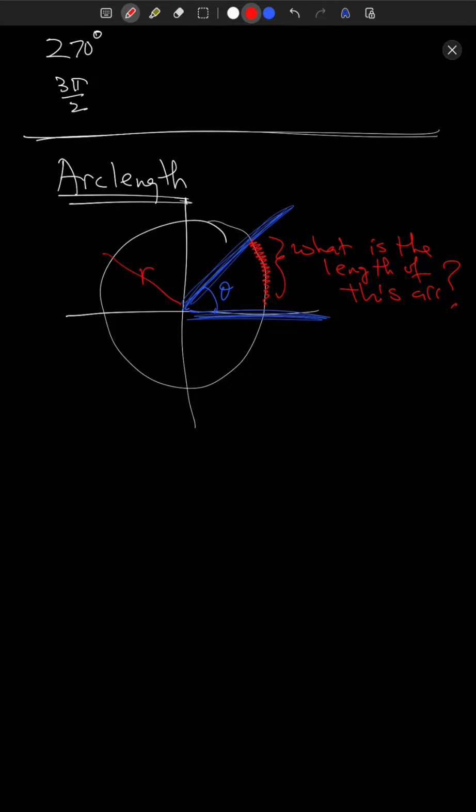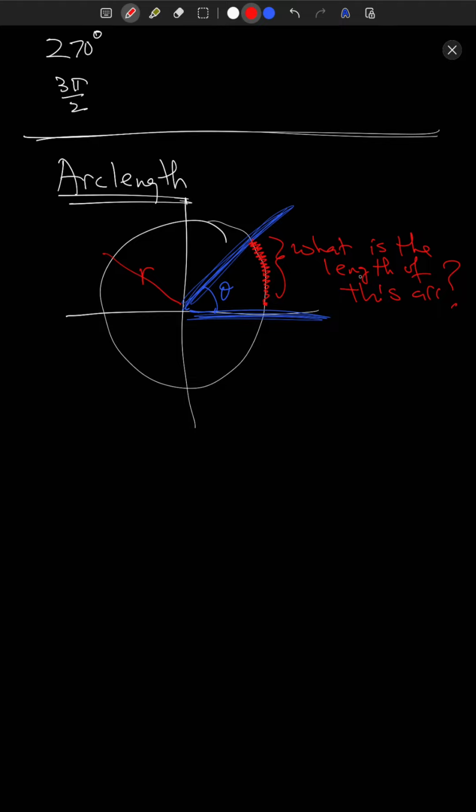This is going to be something very important for us. For example, when we talk about circular motion, perhaps something moving in a circular fashion around this circle here, then if we traveled 30 degrees, in terms of angle, how much does that correspond to in terms of the actual distance that we traveled?